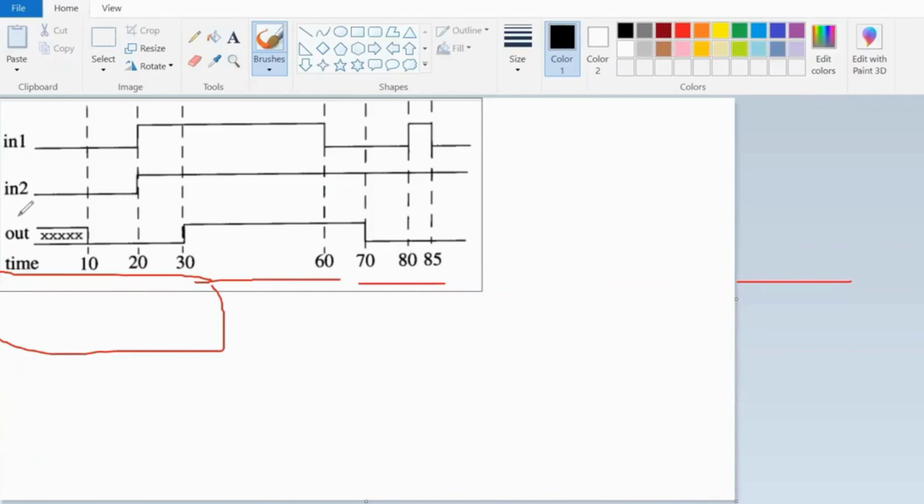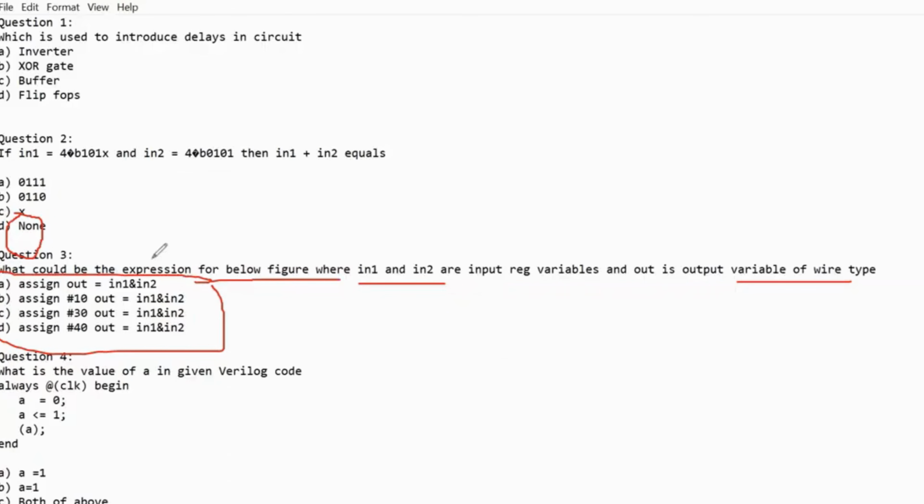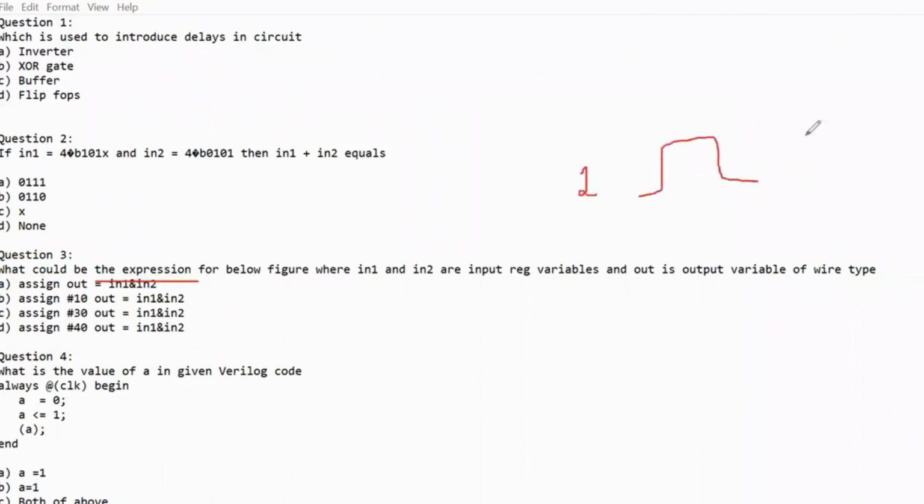Can you tell me what the output expression is here? Okay, see, what could be the output expression from the waveform? Two inputs are given with some waveform, and the output is also given.